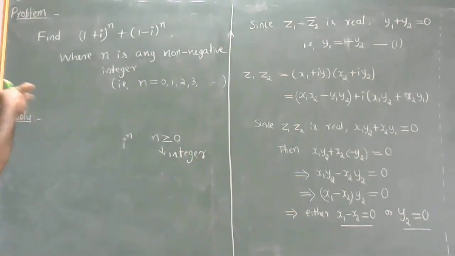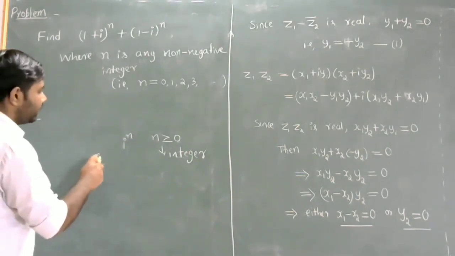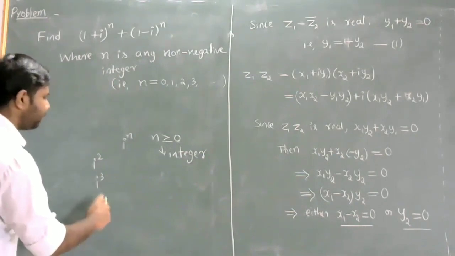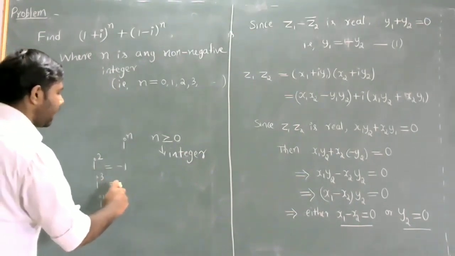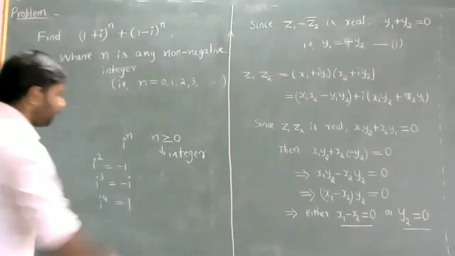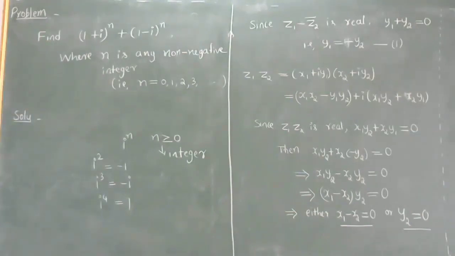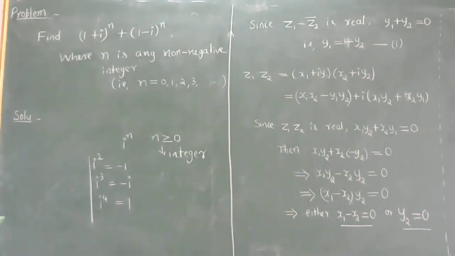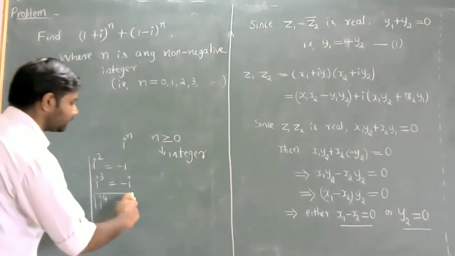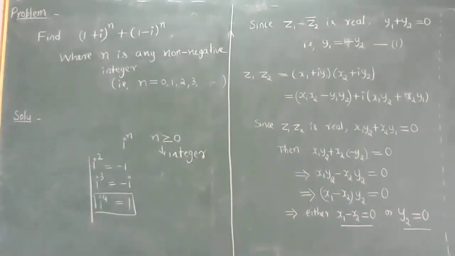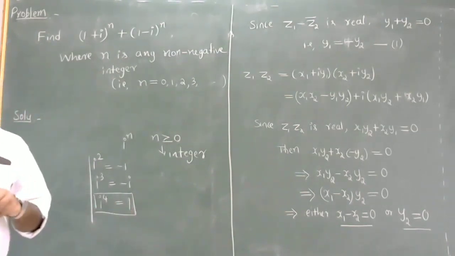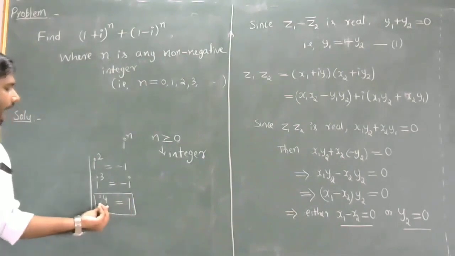And how did we do this? It is easy to calculate i square, i power 3, i power 4. i square is minus 1, i power 3 is minus i, and i power 4 is plus 1. Now among these, the simplest one is i power 4 equal to 1. If you raise 1 to any power, it is always 1. So no need to worry about the i power 4 part.